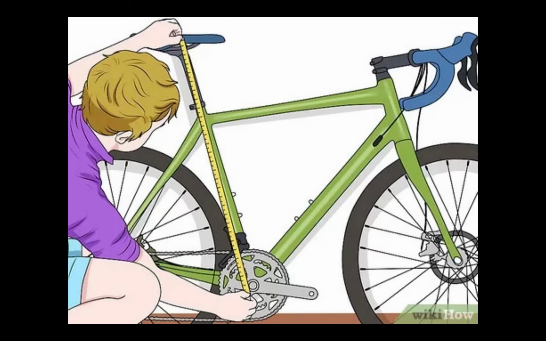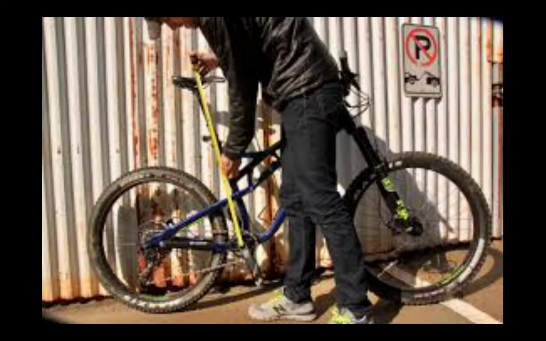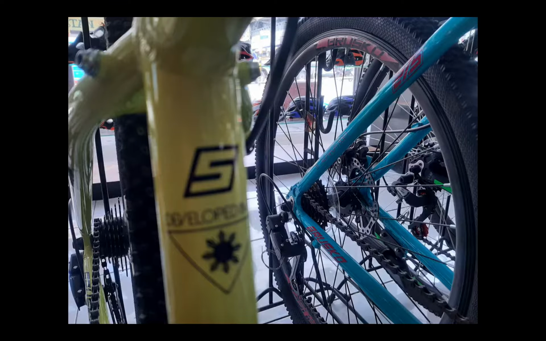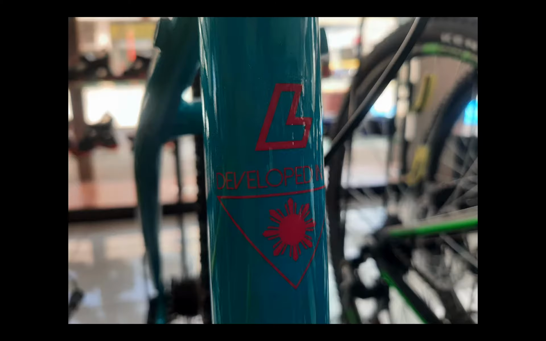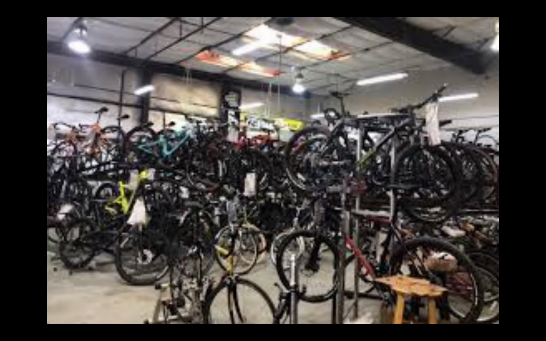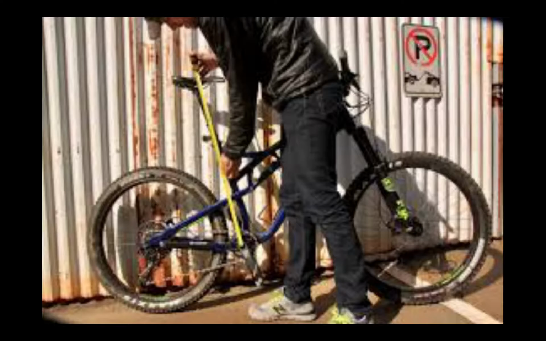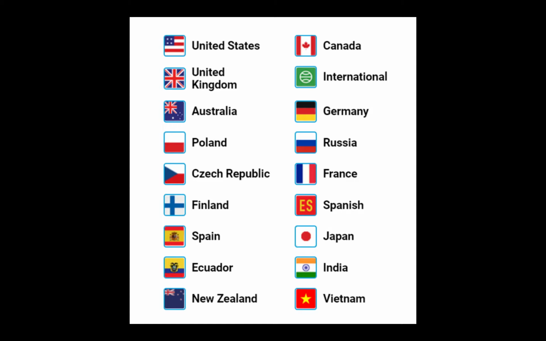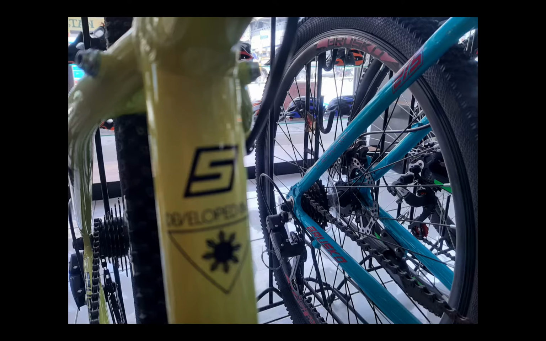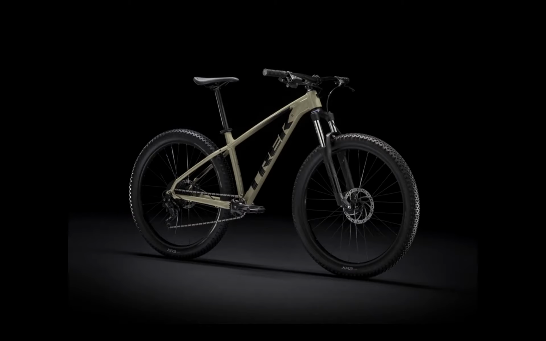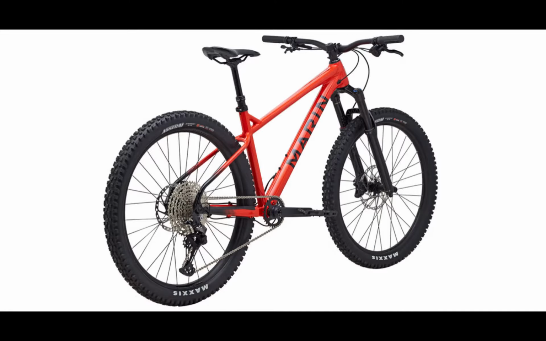Bike frames are commonly measured in centimeters or in inches. The same measurement could also be described as an extra small, small, medium, or large, depending on the manufacturer's style. Measurements of the bike are also considered by region or country where the bike is being sold. Therefore, the quoted bike sizes are not so advantageous when comparing between brands.